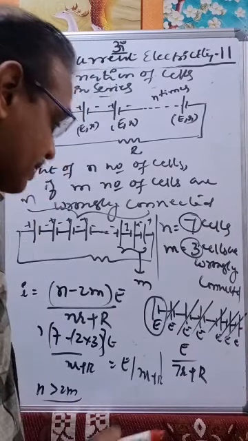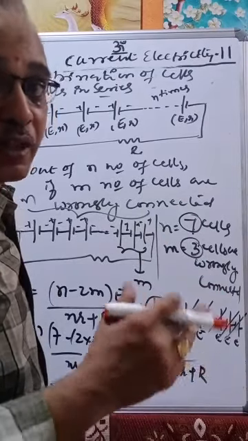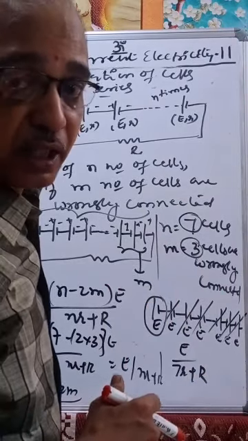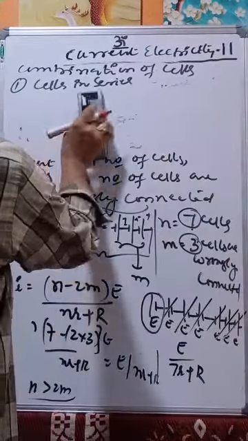Now let us see cells. We are taking only equal magnitude of cells. Now let us take different magnitudes. Then what happens? Let us see that now. Okay. Now let us see cells of different EMFs in series.